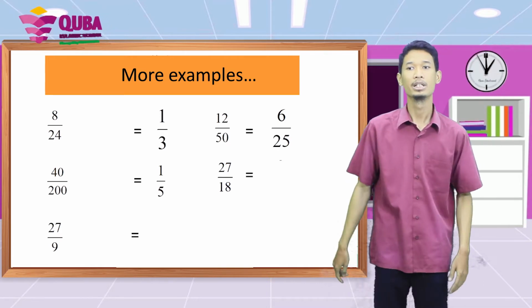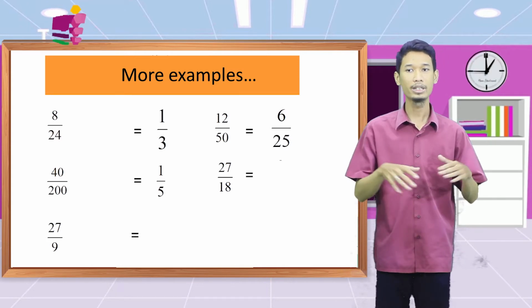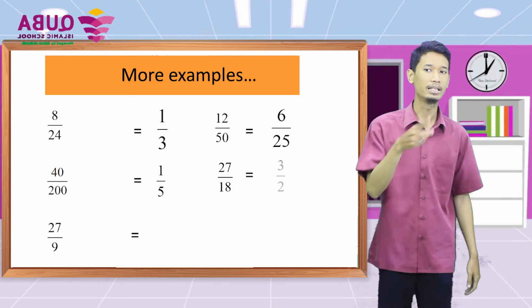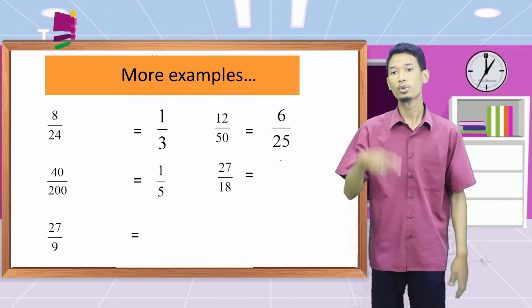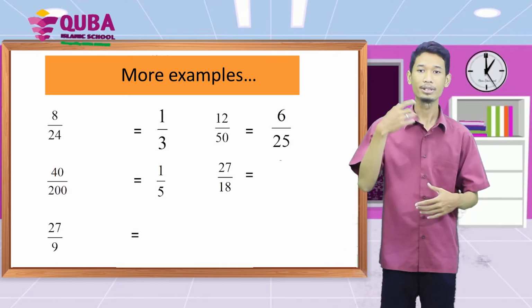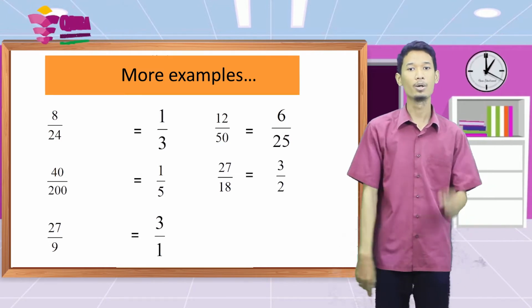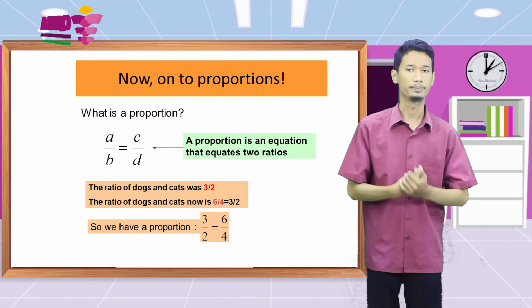Number 4. 27 over 18. We can divide them by 9 and then it equals 3 over 2. The last, 27 over 9 equals, we can divide them by 9, right? 3 over 1. Now, on to proportion.